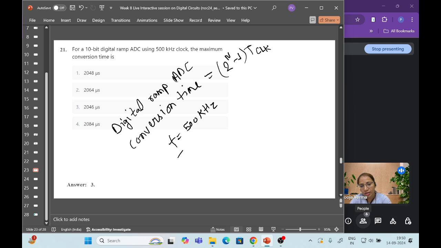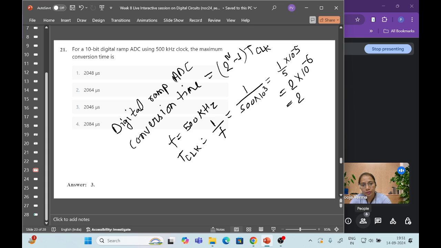Now we need to find t clock, that is 1 by f. So 1 by 500 into 10 to the power 3, that is 1 by 5 into 10 to the power minus 5. If we divide, we will get 2 into 10 to the power minus 6. We can write it as 2 microsecond.